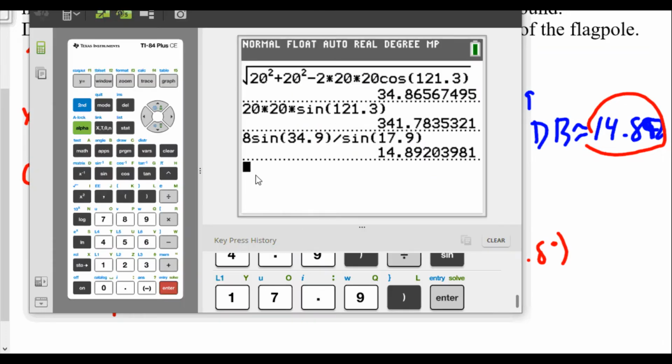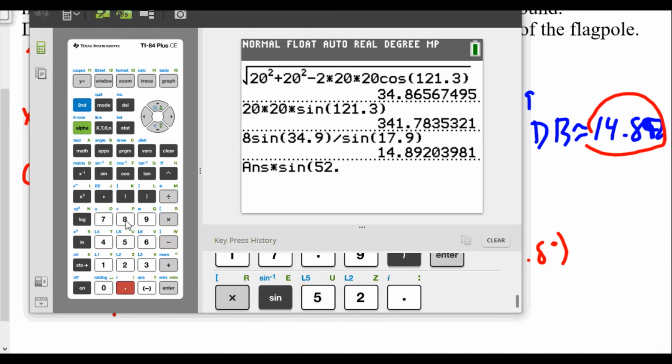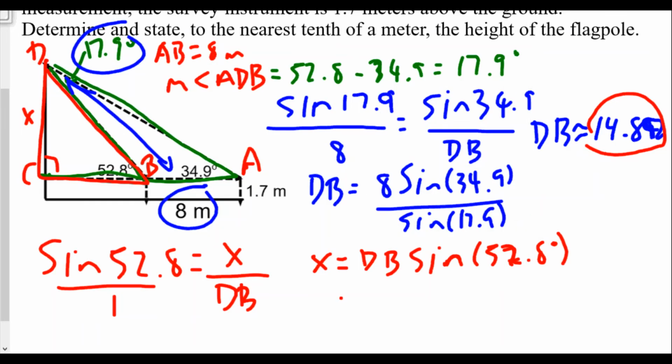Just hit times, and then the sine of 52.8. Okay, enter, and we get 11.86.